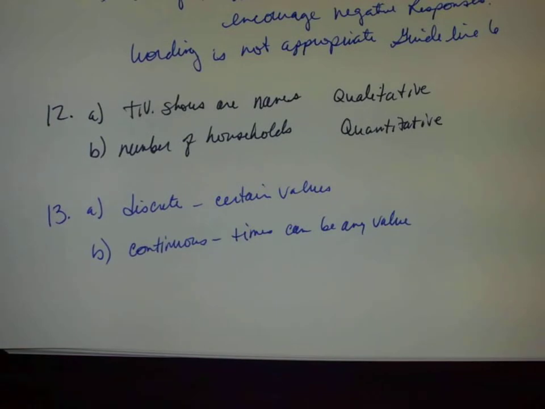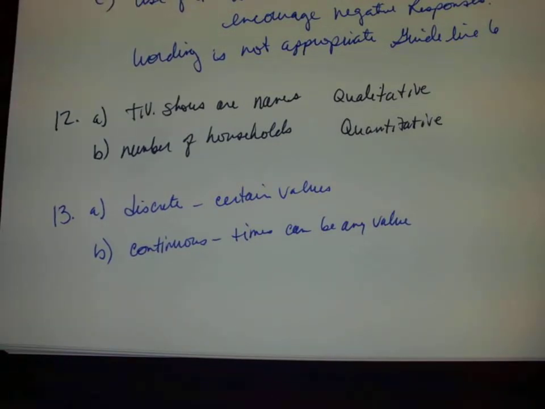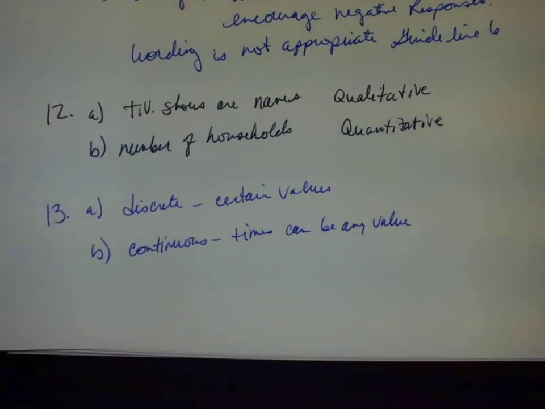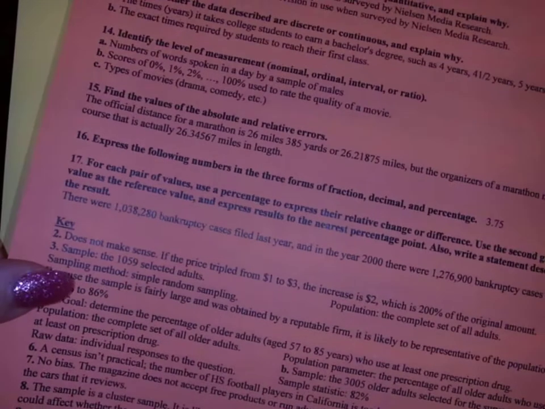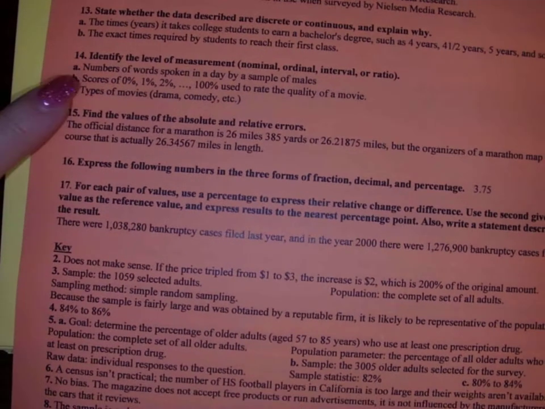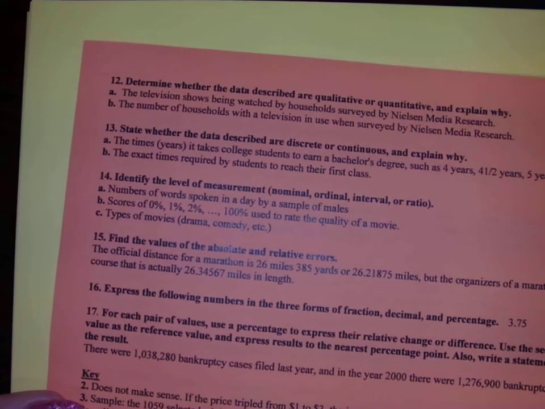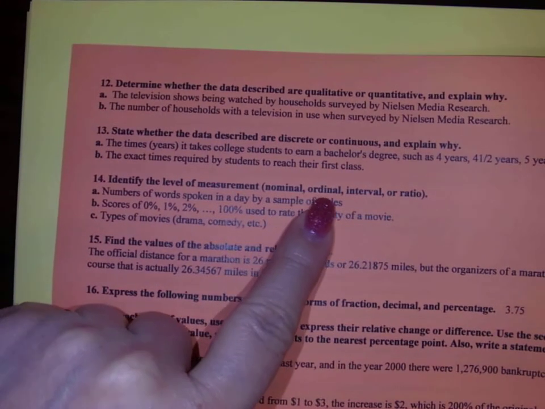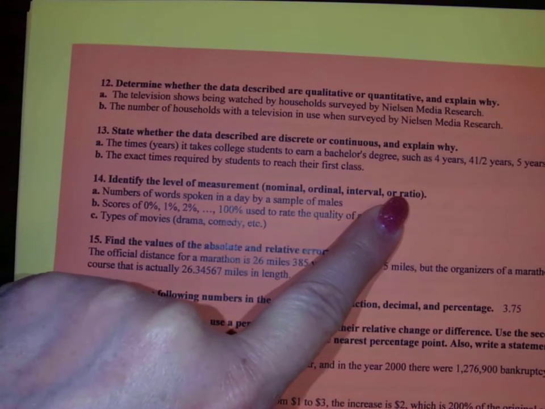All right, number 14. We're going to identify the level of measurement. Is it nominal, ordinal, interval, or ratio? All right, so the number of words spoken in a day by a sample of males. Is that going to be nominal, ordinal, interval, or ratio?